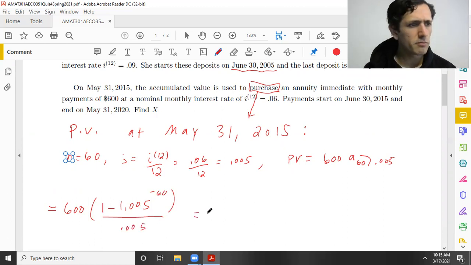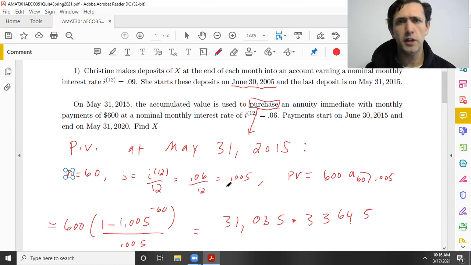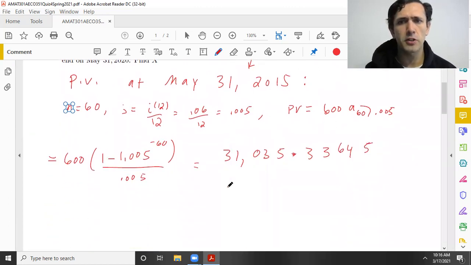And this is going to be 31,035.33645, so roughly 34 cents. So this is the purchase price for my annuity. This is how much I need on May 31st, 2015 to purchase the annuity that Christine wants to purchase.